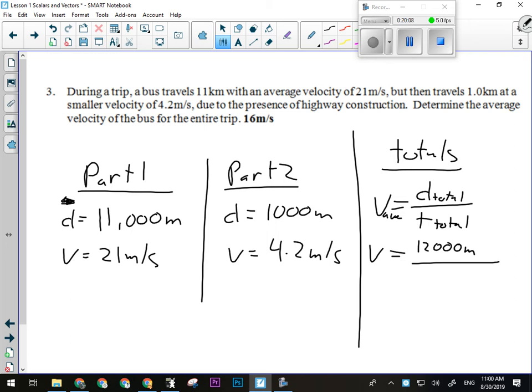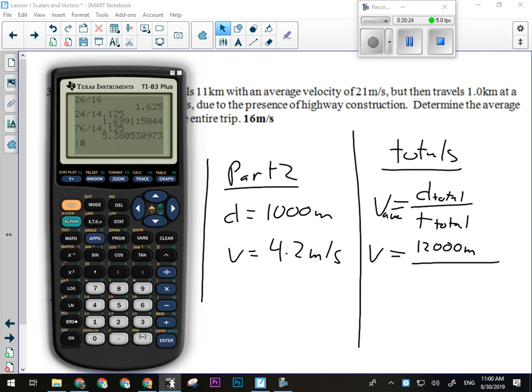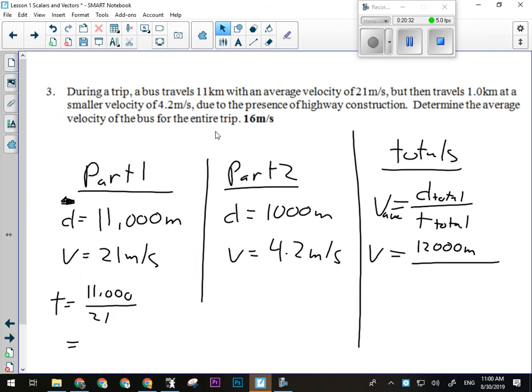That I don't have, but I can calculate it. I can calculate the time for each of the two parts and then just add them together. So to get the time for this one, it's d over v, so 11,000 divided by 21 will give me the time in seconds. 523.81, we'll say.